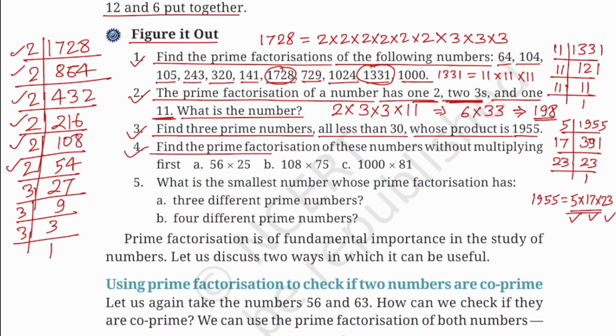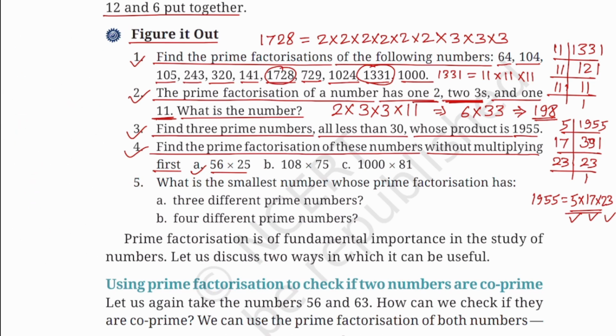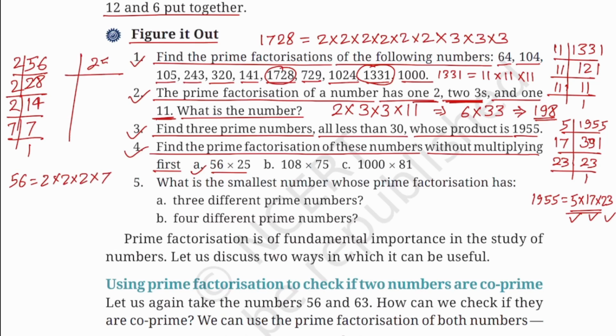4. Find the prime factorization of these numbers without multiplying first. A. 56 into 25. 56 can be split into 2 into 2 into 2 into 7. Similarly, 25 is 5 into 5.